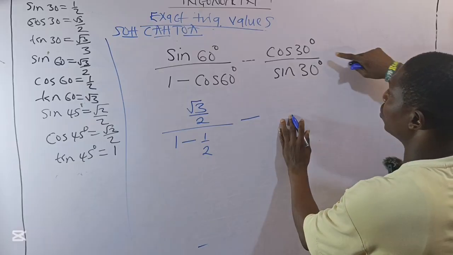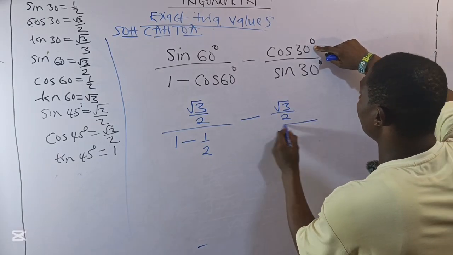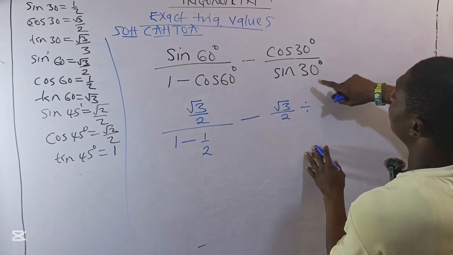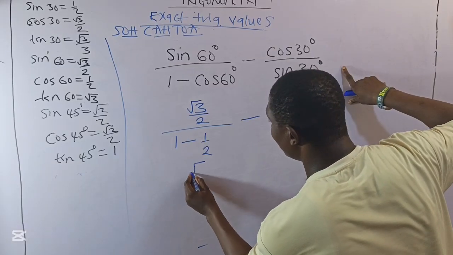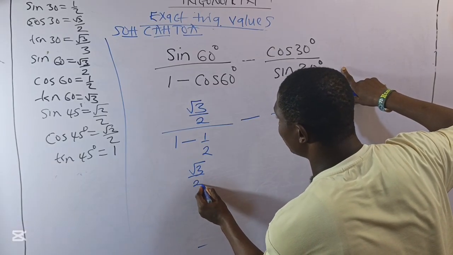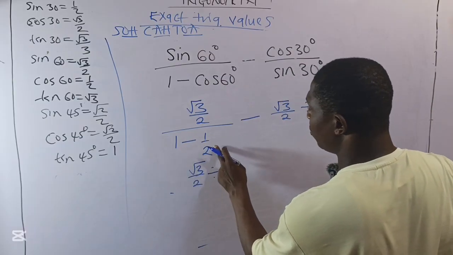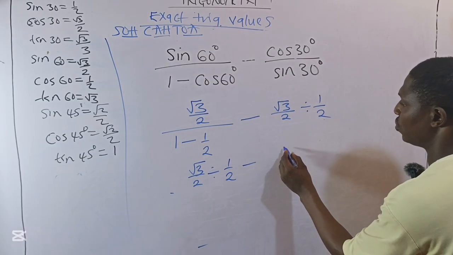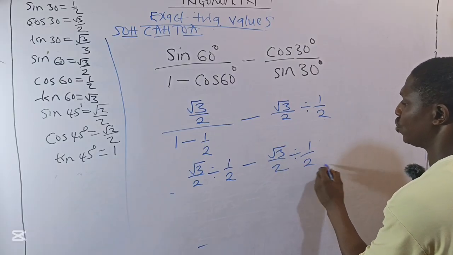And I have minus cos 30, which is root 3 over 2, all over sine 30, which is 1 over 2. So this will give me root 3 over 2 divided by 1 minus half, which is half. So I have minus root 3 over 2 divided by 1 over 2.